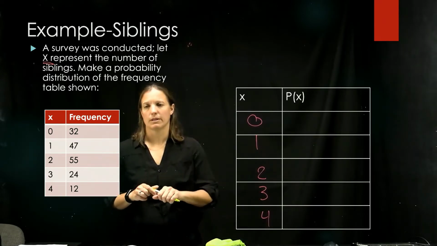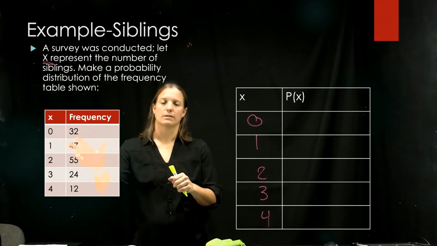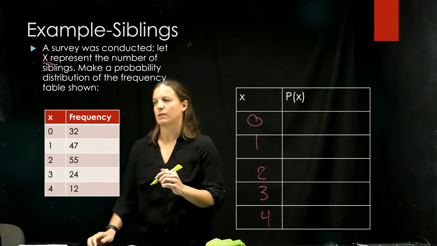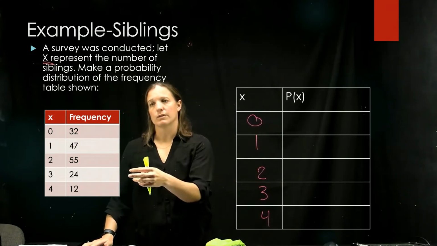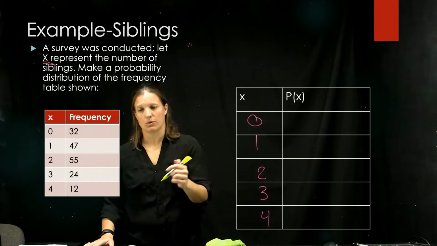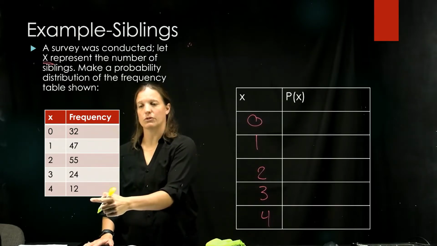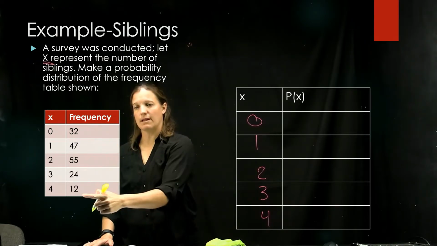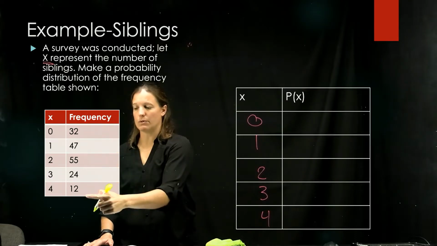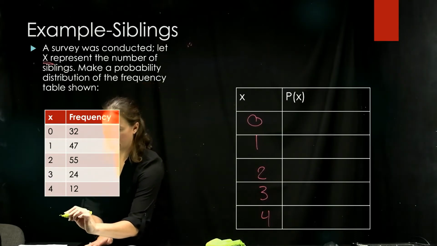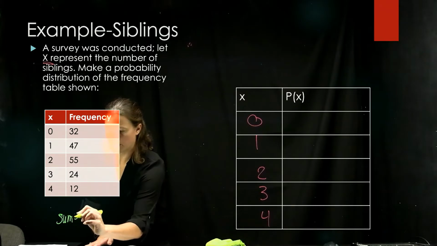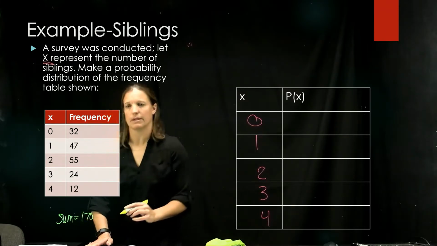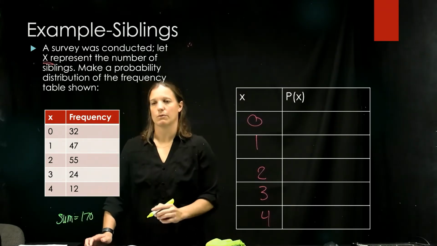When we are doing this, we have to take our frequencies and transfer them into probabilities. In order to change them, we need to first know how many total people were surveyed. If I find the sum of the frequencies here, I find that there were 170 people in my survey. That would be the total of all my frequencies.